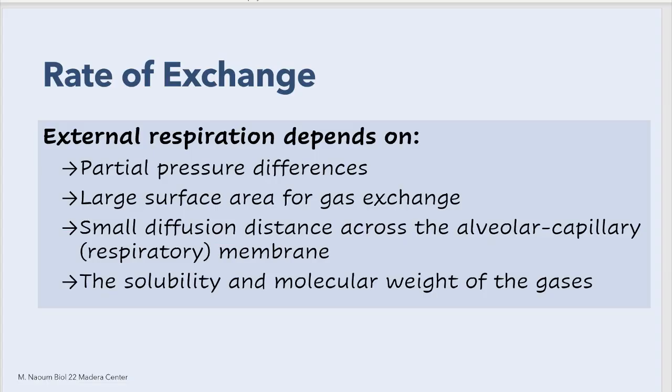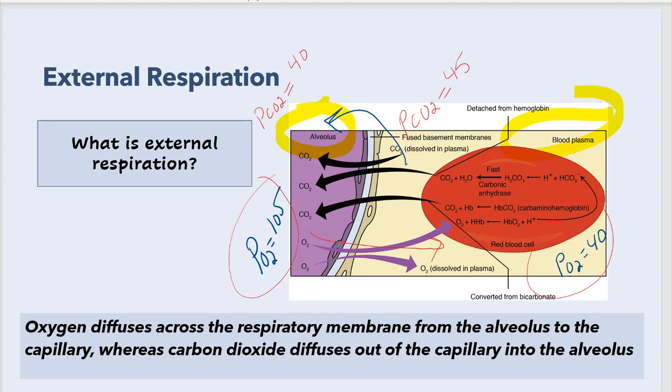How fast this exchange happens depends on several factors. The first one is the partial pressure difference. So how big is that gap between the pressures on either side? We saw, for example, that pressure for oxygen in the alveoli is around 105, and in the blood is around 40.